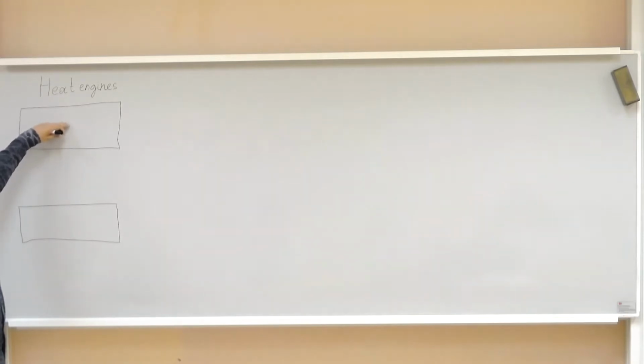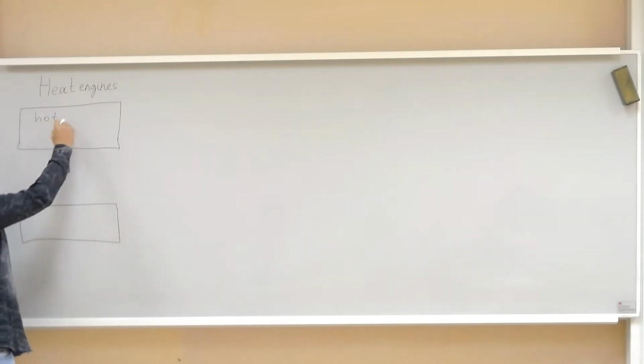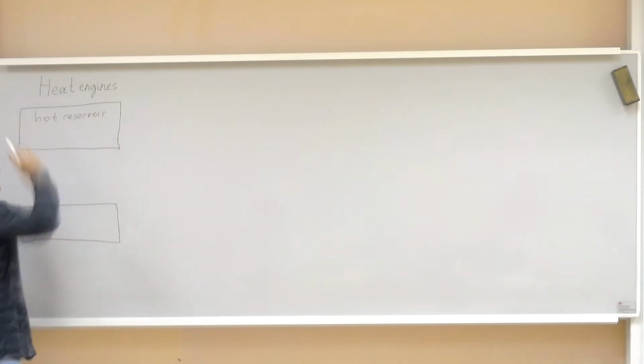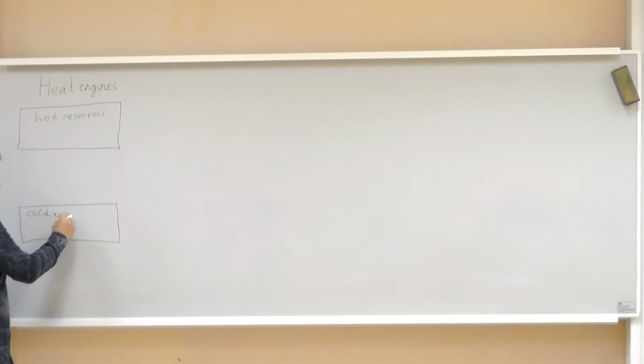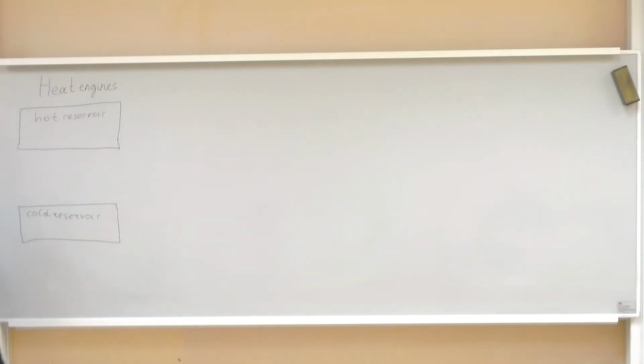One reservoir is hot. It is a reservoir whose temperature is high. And the other reservoir is cold. Sometimes it's said that this is a heater and this is a cooler.